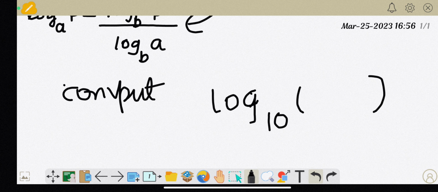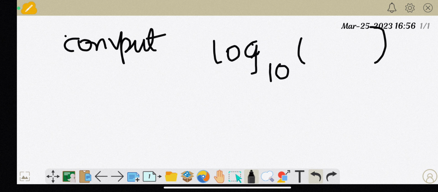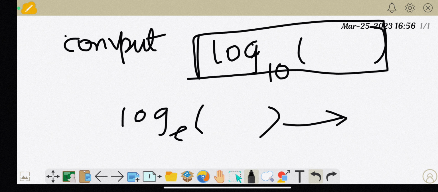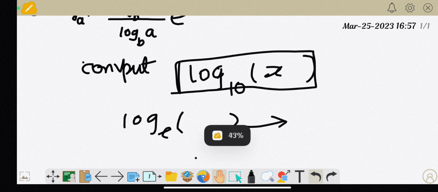Okay, and if some problem is given in log base e, how can you write the same? If you write this input, it will not understand it as log base 10, it will understand it as log base e of this function. So at that time, these kinds of conversions are useful.